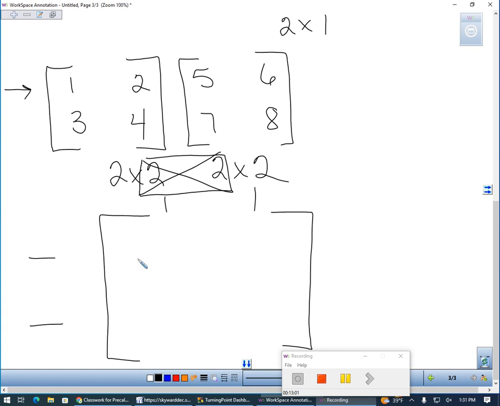So that's going to tell us we're going to multiply row 1 by column 1, and you're going to be adding them together. So we're going to multiply this row by this column, adding them together. Okay, so let me write it all so you can see how it's happening. So I'm taking 1 times 5, and I'm adding it to 2 times 7. So it's 19 in the first spot.